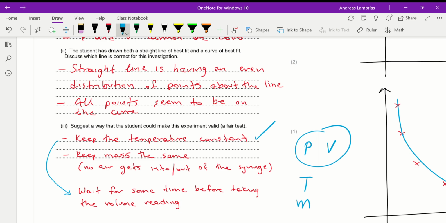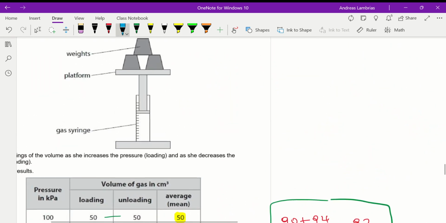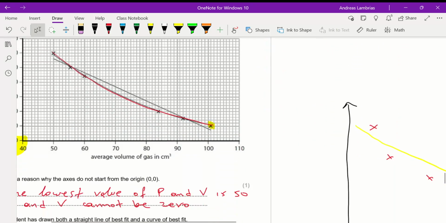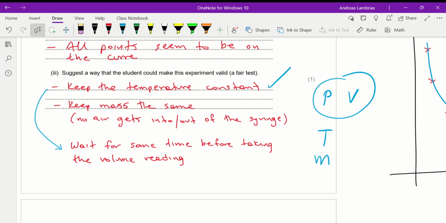And because we have friction on the syringe, and this friction might change the temperature, sometimes it's better if we allow some time between taking different readings. So we add the mass, the pressure changes, and then we allow some time until it returns to room temperature, just to make sure that we maintain the temperature constant.